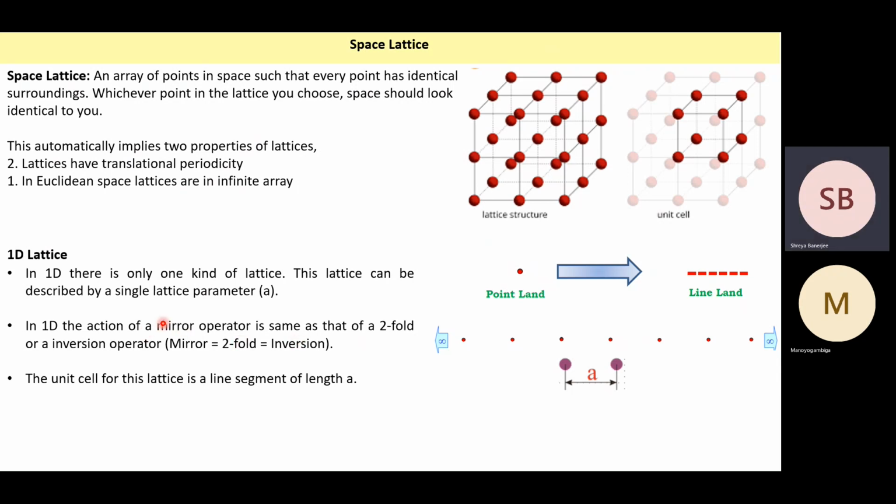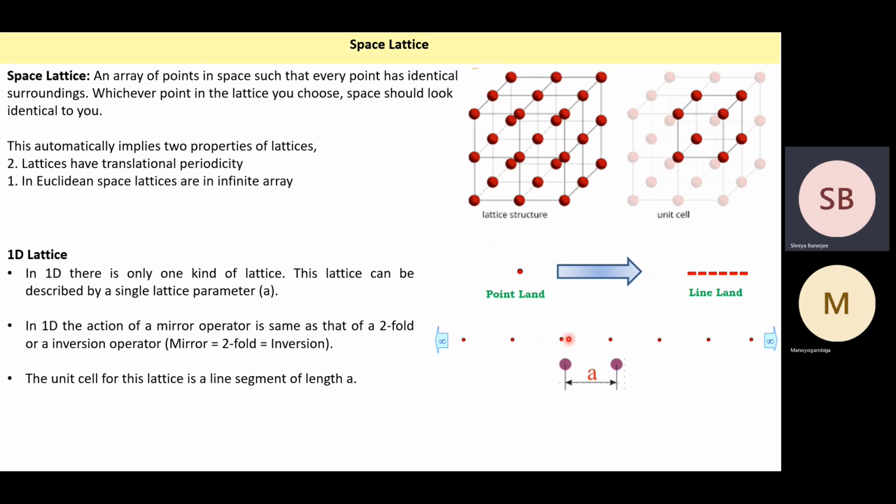In 1D, the action of a mirror operator is the same as that of a twofold or inversion operator. So imagine you have a mirror between 2 points. The distance from the mirror to either point is A by 2, because the total distance is A and you have a mirror between them.